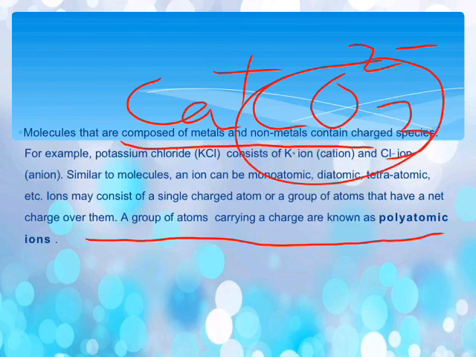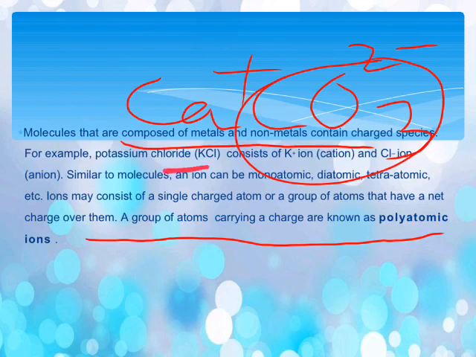So it has more than one atom, so it is a polyatomic ion. A group of atoms carrying a charge is known as a polyatomic ion, right? And as it has a negative charge, it is known as an anion.